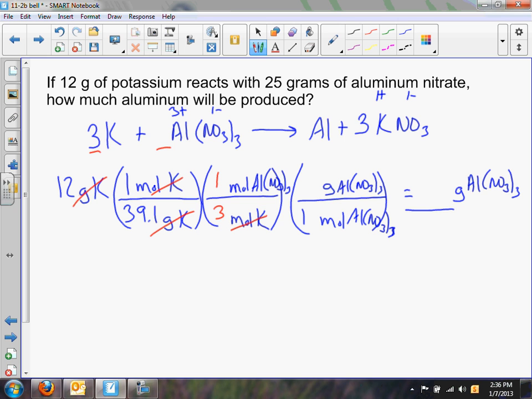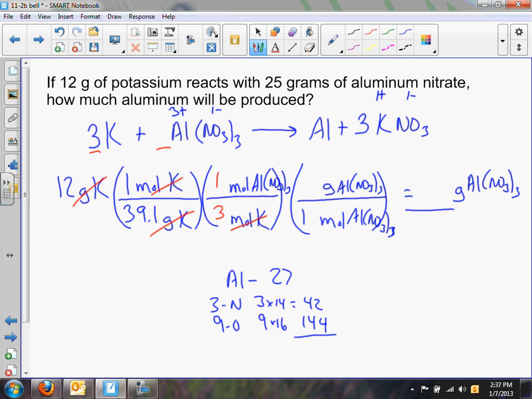And if you remember, in aluminum nitrate, the aluminum weighs 27, and you really have 3 nitrogens. So 3 times 14 is 42, and you have 9 oxygens. Well, 9 times 16 is 144.